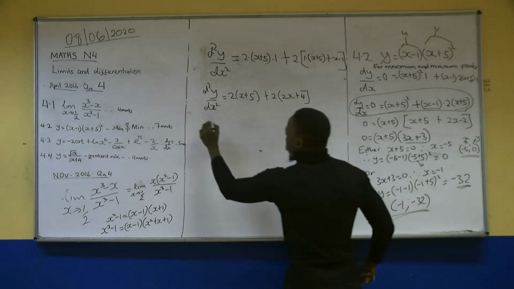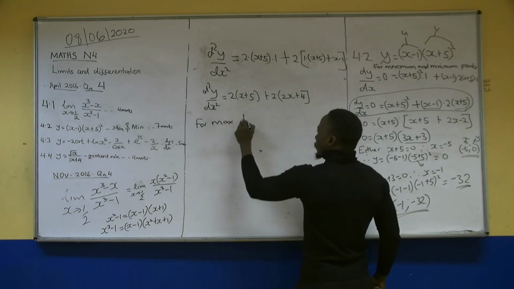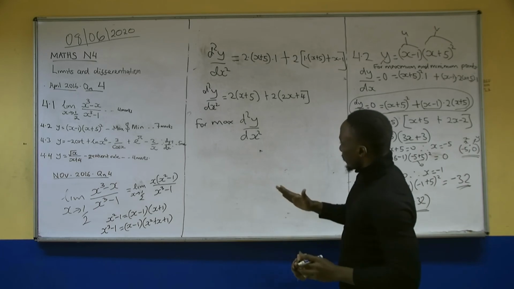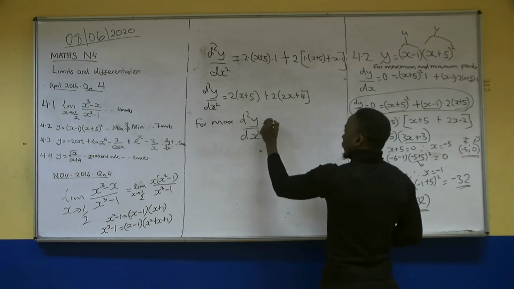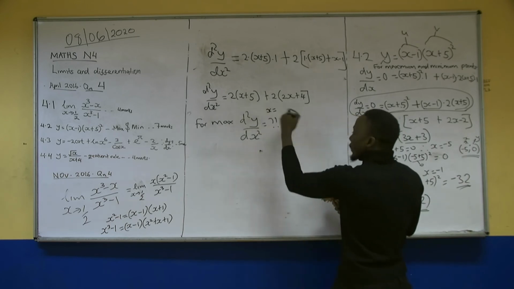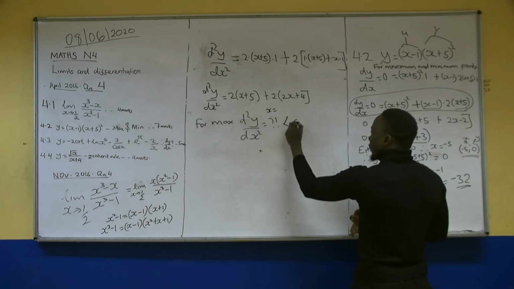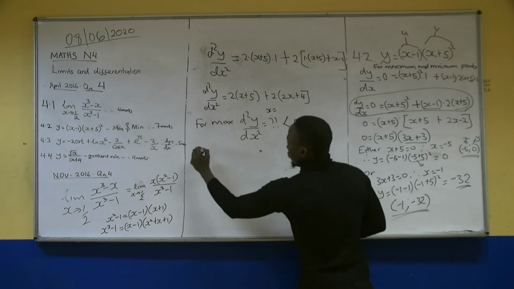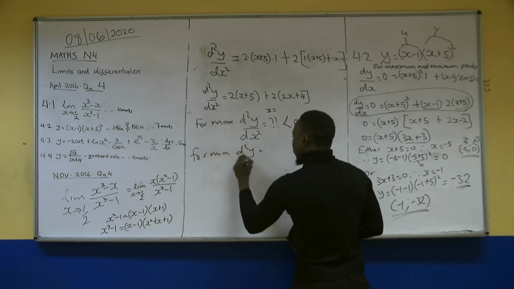So, for the maximum value, if you differentiate the second time and substitute a value of x, and the answer is less than 0, it means that this is the maximum.